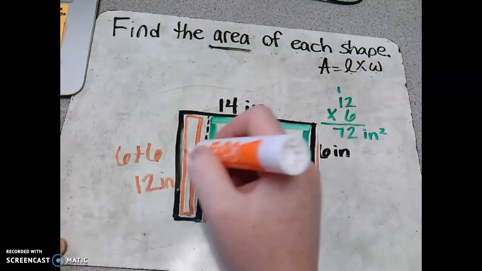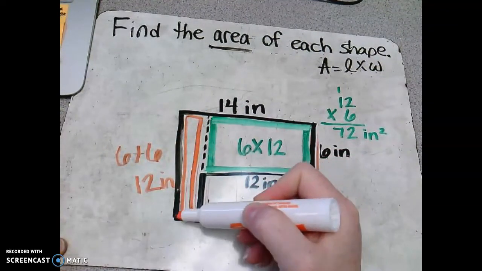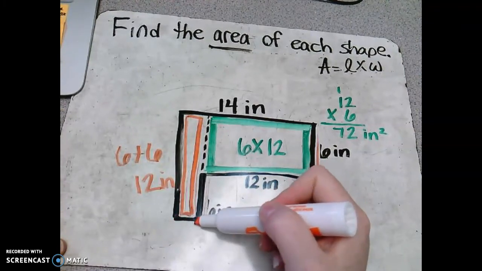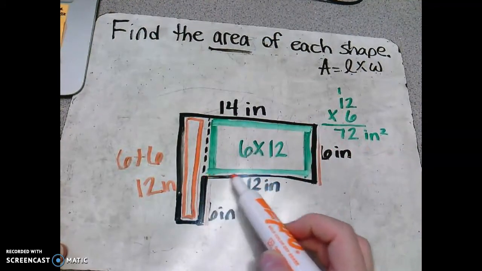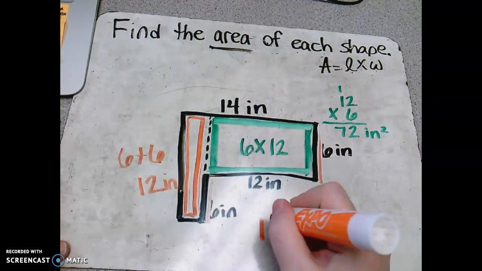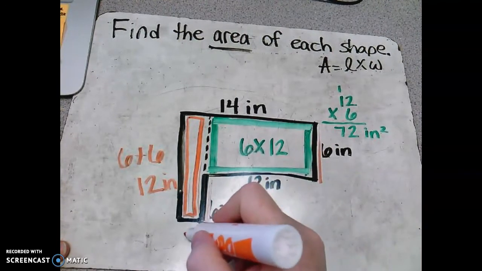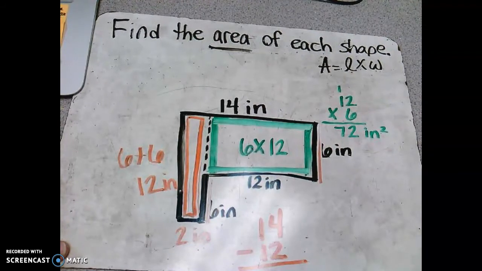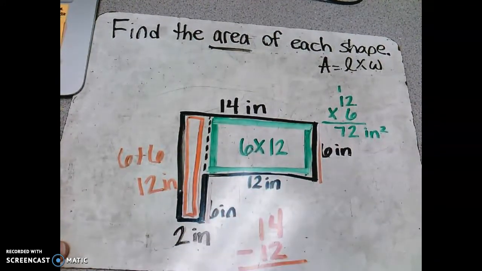So now we know that this side is 12 inches. Now we need to find this width right here. In order to find this width, we need to take the big side, 14, minus 12, which is 2. So the small side is 2 inches. That orange is a little hard to see, so I'm going to write over it in black for you.